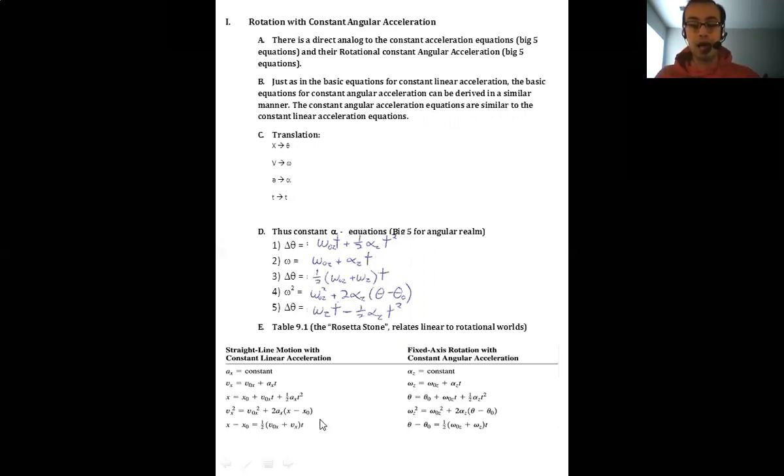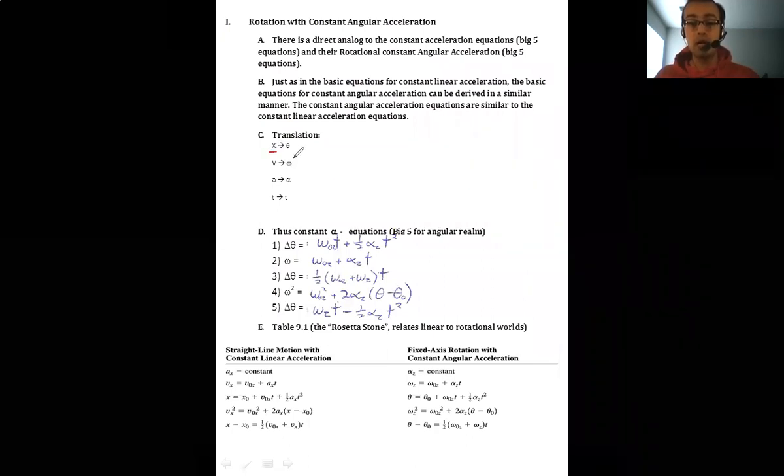There is a kind of a translation of the conventions here. So x, what we previously talked about as a position, is now given by theta. Velocity, linear velocity, has its equivalent in the angular world of omega. And a, acceleration, in the linear world has its equivalent in the Greek letter alpha, that being the angular acceleration.